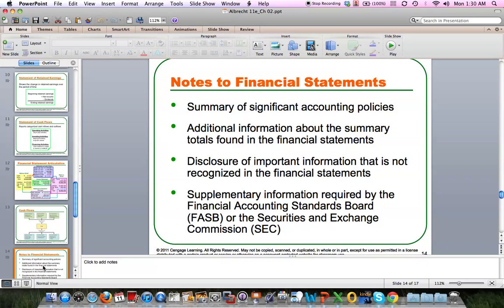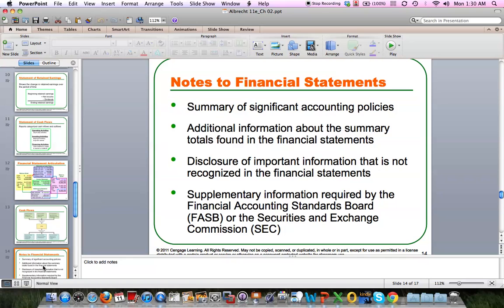So we start out by showing the financial statements: income statement, statement of retained earnings, balance sheet, and statement of cash flows. And then we have the notes, and the notes will summarize our accounting policies and any additional information about information found in the financial statements.